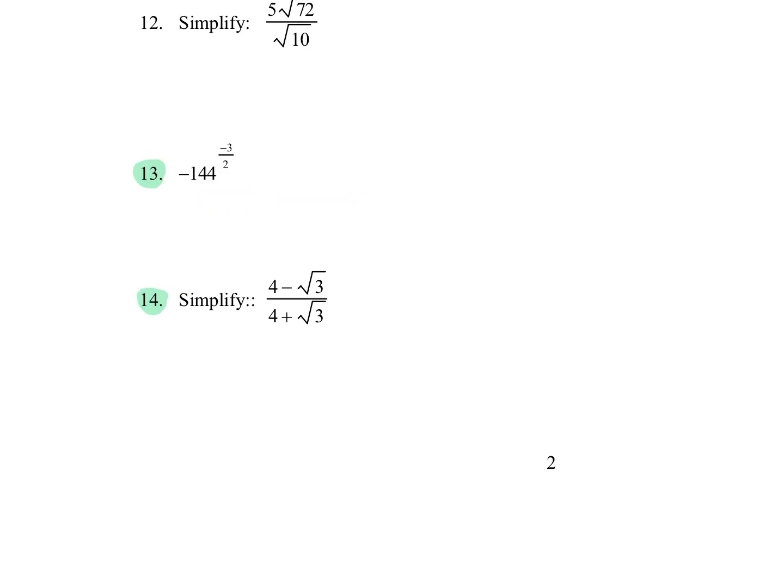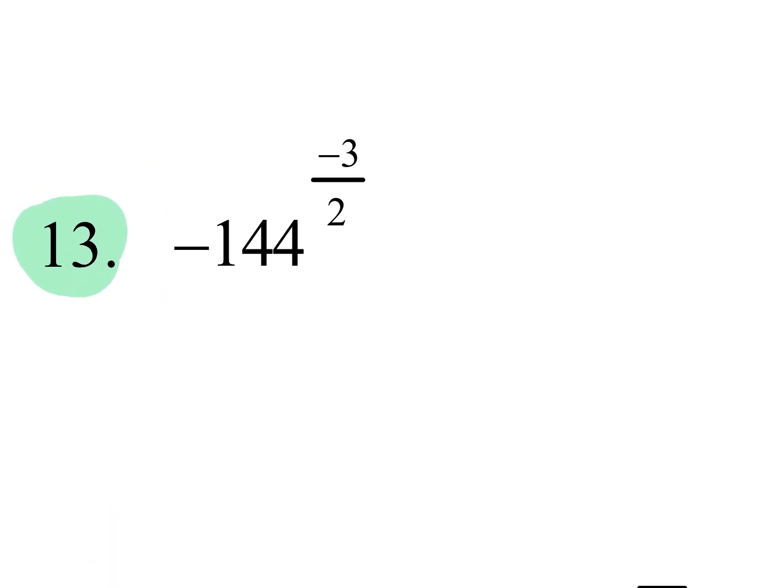Okay, something like 13 should be pretty simple, but some people mess it up. So what are we thinking here? You have to throw 1 over the. Yeah, good. Well, first, what's our base here? Is it negative 144 or is it just 144? 144. Okay, good.